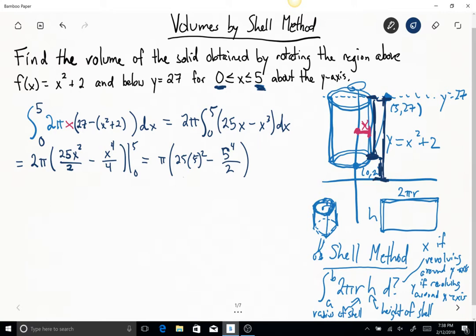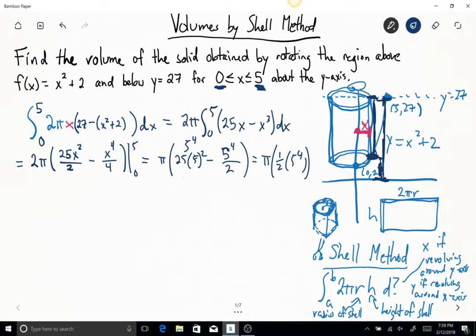Well, notice this is also 5 to the 4th in the first term. So you have 5 to the 4th minus 1/2 of 5 to the 4th. So this equals pi times 1/2 times 5 to the 4th. Okay? So we came up with a nice answer.